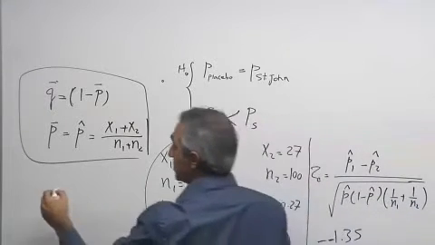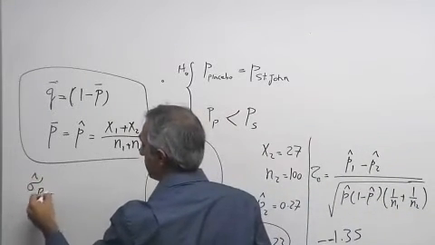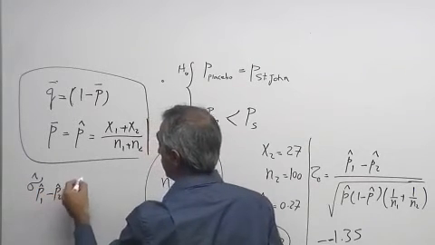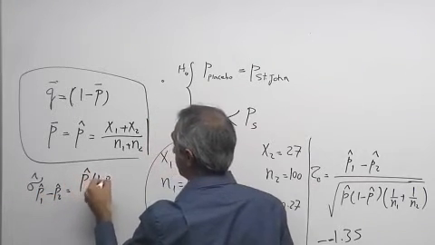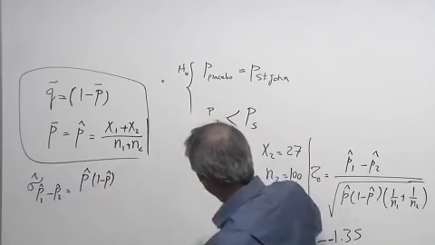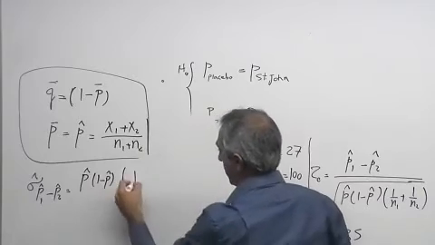And your sigma of p hat 1 minus p hat 2 is this guy.